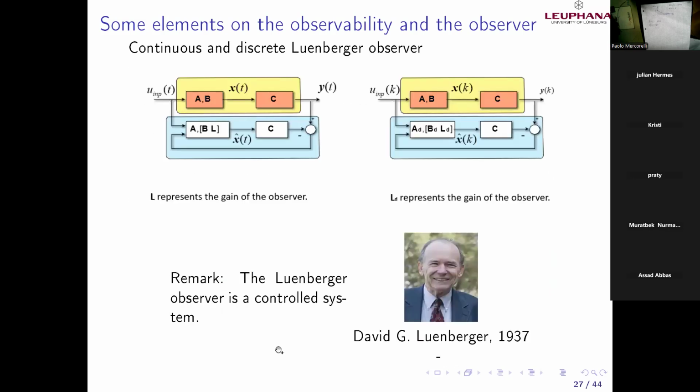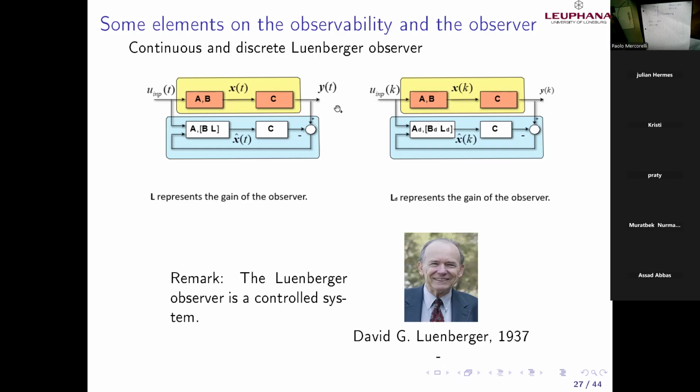In fact, Professor Luenberger, now we understand the name of the Luenberger observer, realized one of the first observer structures, considering a feedback between what I am measuring and what I am observing.